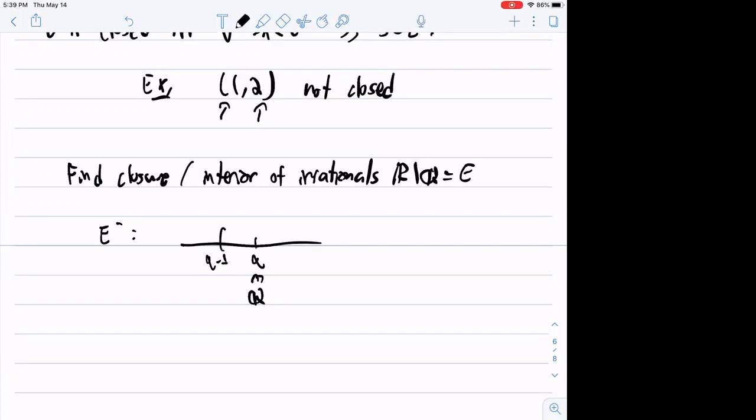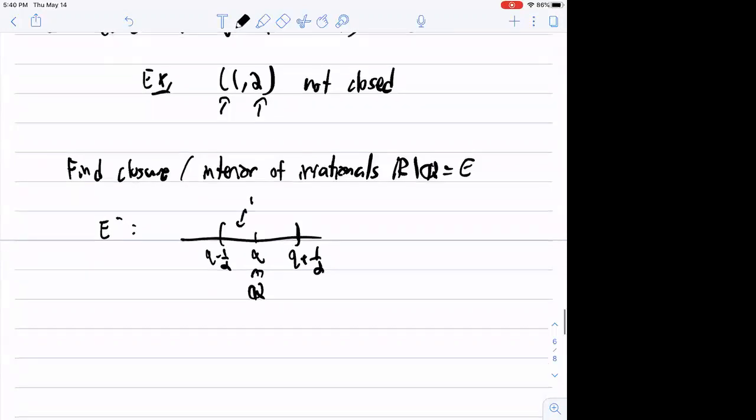Here's an argument. Take a rational Q, and the interval from Q minus a half to Q plus a half. Does everyone agree there's an irrational in this interval? Given any interval, you have infinitely many rationals and infinitely many irrationals.